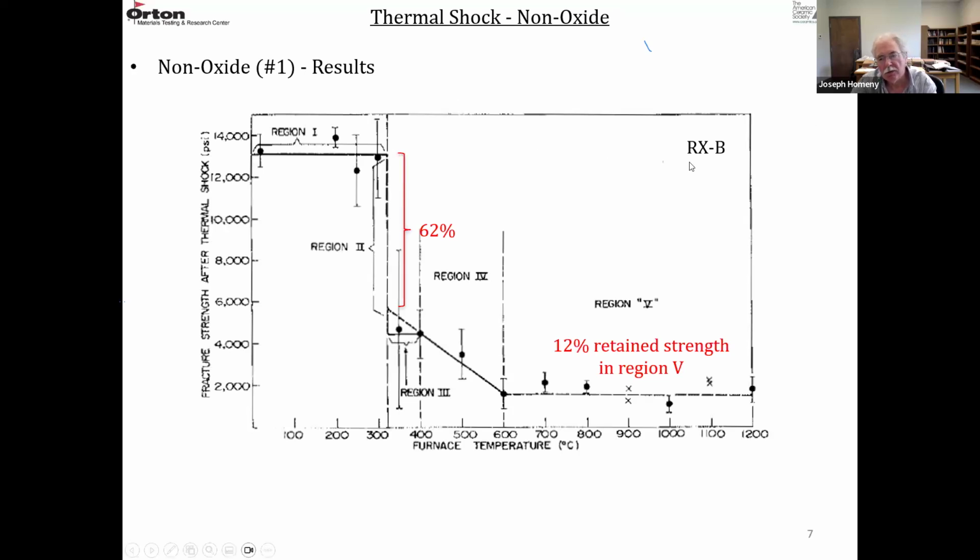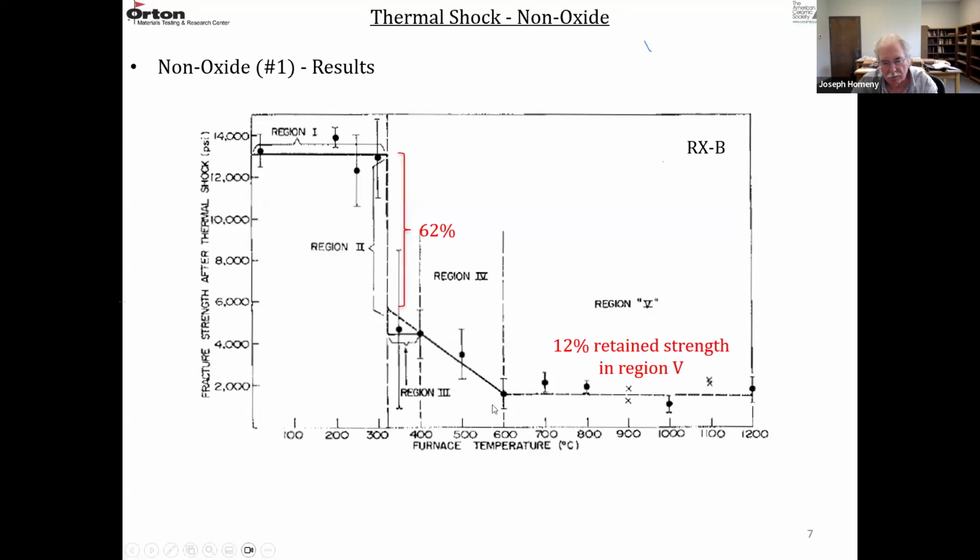So for this first material, RXB, this is the fracture strength after thermal shock versus the delta T. There was a 62% loss in strength here when they reached the critical delta T, which is a little over 300 degrees C. There's a region 3 here, region 4, and then they showed the region 5 here.